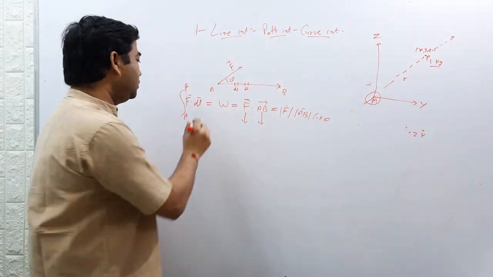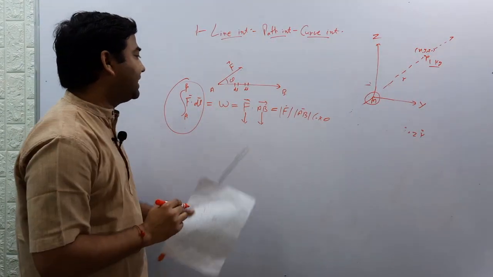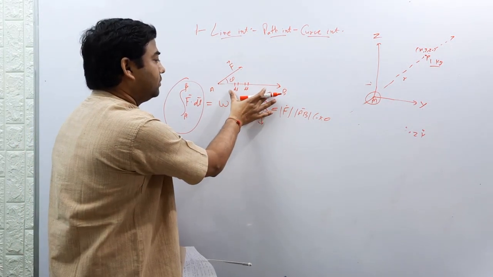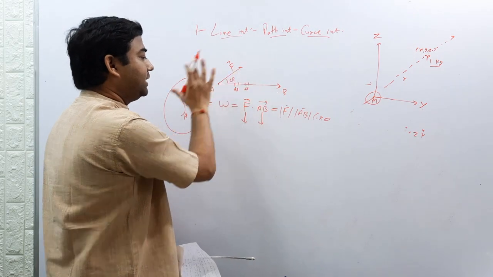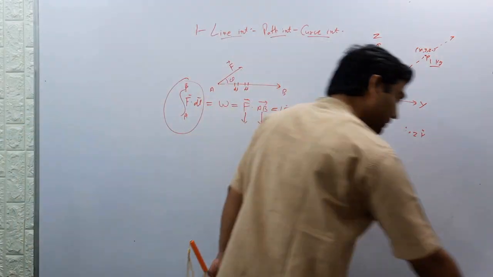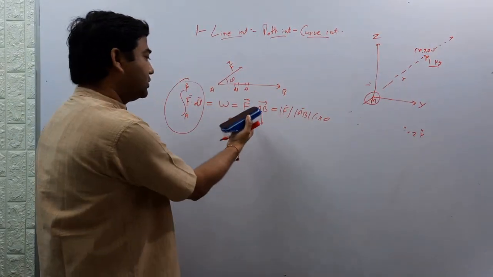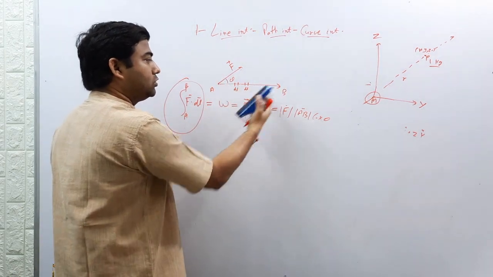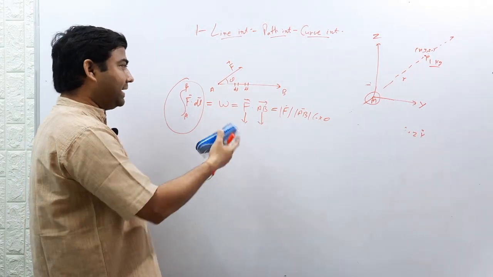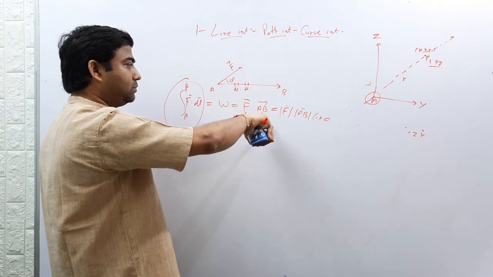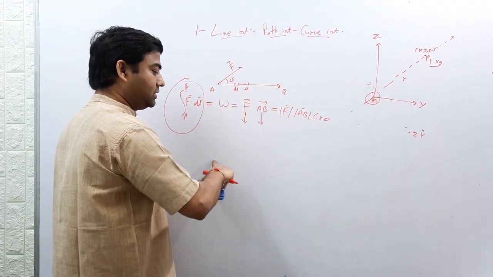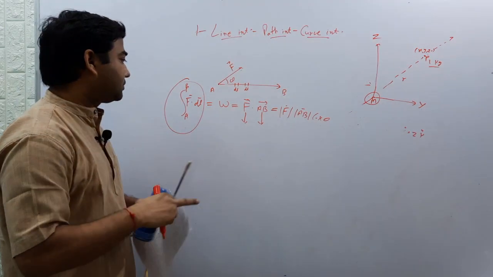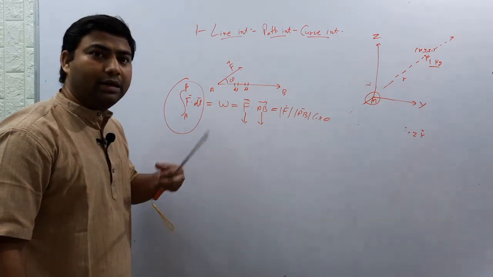So here you do not need to carry out integration, you can directly find this line integration by putting the modulus of AB and F. This is also line integration, but it is simple because the force is fixed and not changing with time or space, and the displacement is also straight. Whenever the force is varying or the displacement is not along a straight line, it is a curve, then you have to use integration. It is not any extra thing.